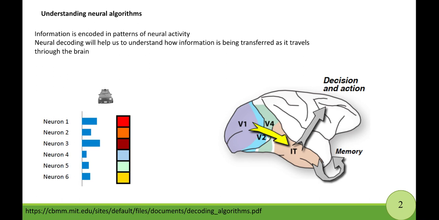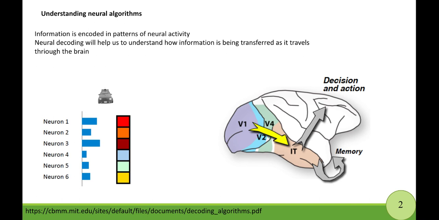In this case, the stimulus was a car, and we know that site 1 fired at this level, neuron 2 fired at this level, and 3 the highest, and so on. We can represent this as a color mapping in a way that the redder the color, the more active the neuron is, and the whiter and bluer the color, the less active that neuron is.